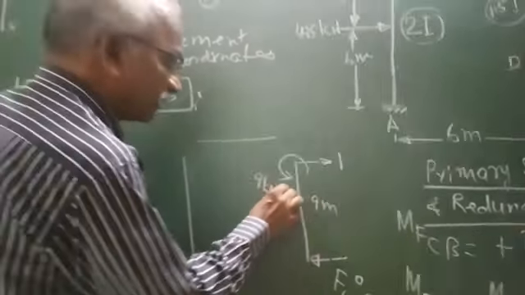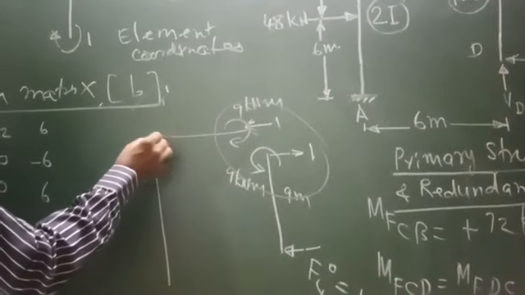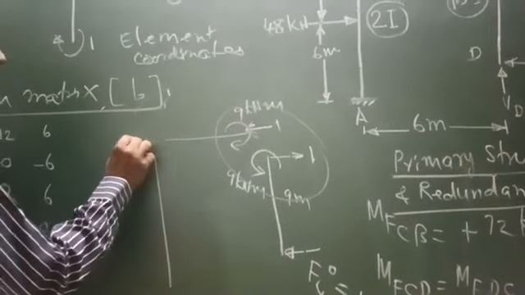And as we have discussed earlier, for the joint equilibrium, when this is 1 towards right, 1 towards left, anti-clockwise 9. Therefore, this is clockwise 9 meter. Again, for member equilibrium, as we have discussed earlier, we will not repeat every time. So this is 1. This is minus 9 meter. Now again, for this joint, 1 towards right, this is 1 towards left. This is anti-clockwise 9. Therefore, this is clockwise 9.